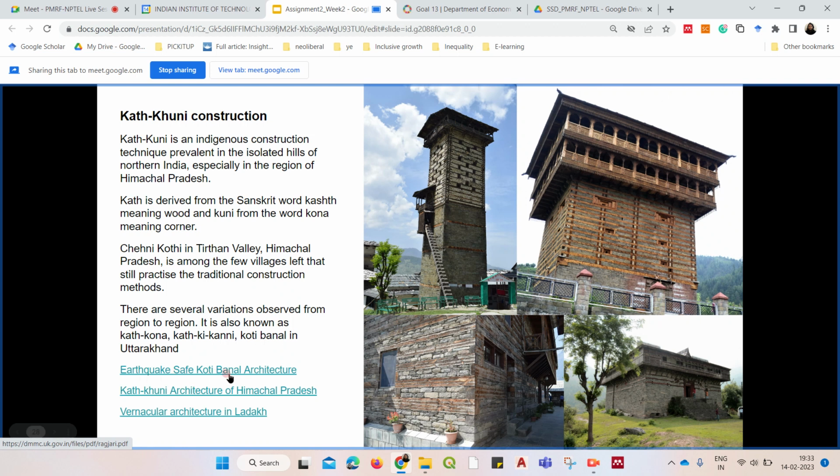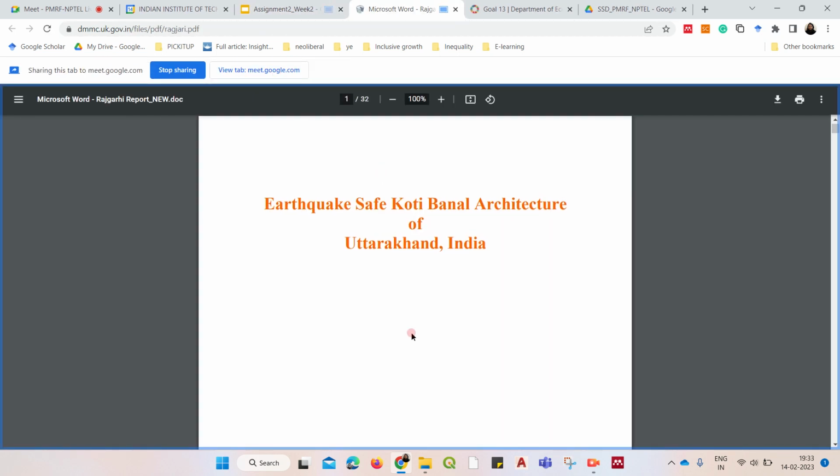So this is how Kotibanal architecture tackles the problem of earthquake. All of these regions, the Himalaya regions, they see a lot of seismic activity. So even this kind of construction takes care of earthquake safety as well. So you can go to these links and see for yourself.